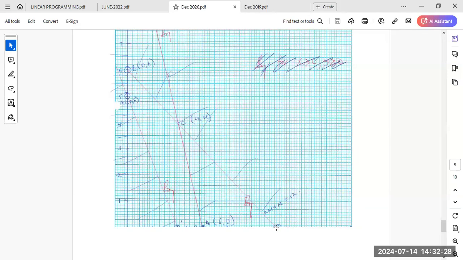Then you get your ruler. If you have used only 2 points, you get your ruler and connect. From this point, put a ruler and join your points up to here.